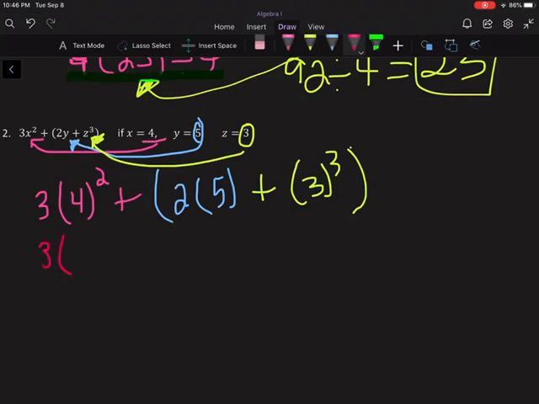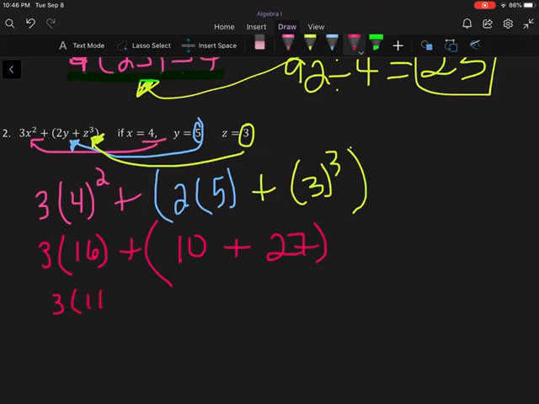Okay, so if we were to simplify this, we would have 3 times 4 squared, which is 16, plus, parentheses, 2 times 5, which is 10, plus 3 squared, or I'm sorry, 3 to the third, which is 27.